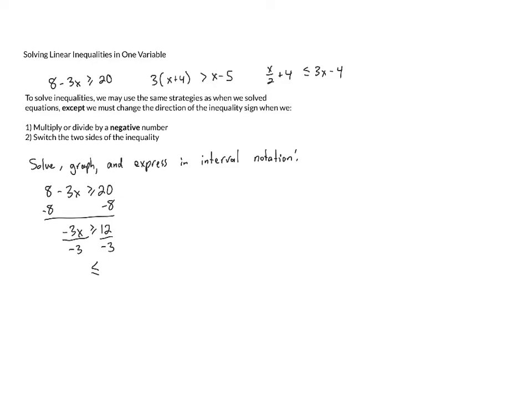All right, negative 3x divided by negative 3 leaves us with just x. 12 divided by negative 3 is negative 4. And we've got x on its own, so the solution here is x is less than or equal to negative 4. This is how we solve inequalities. Just like equations, except there are a few instances where we need to change the direction of the inequality sign.